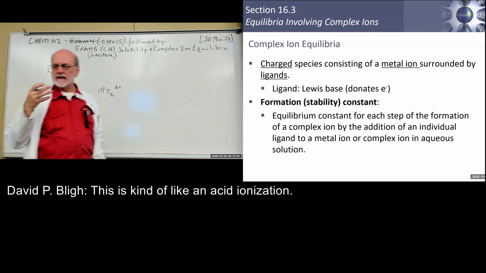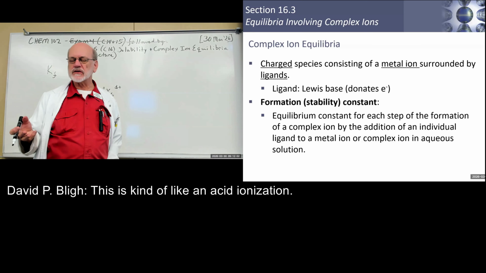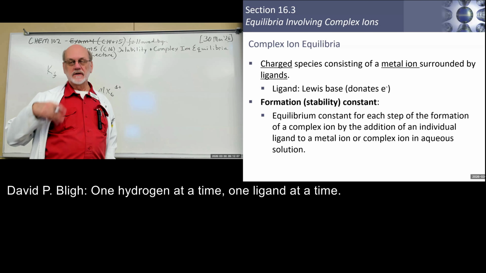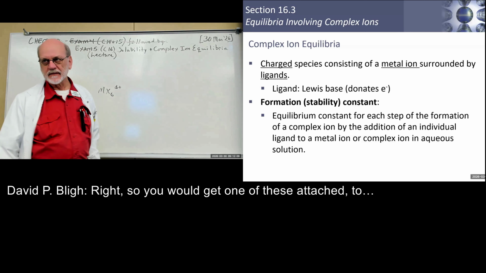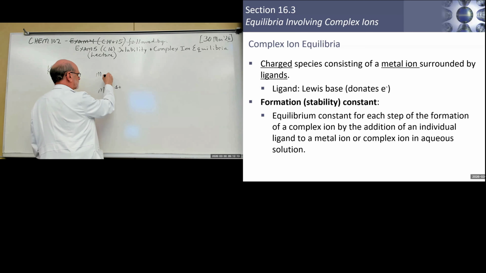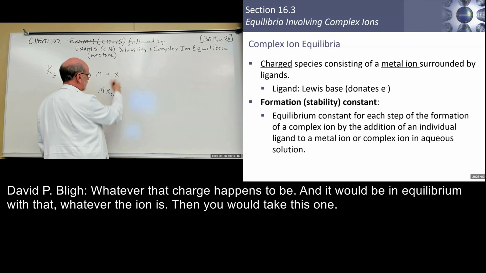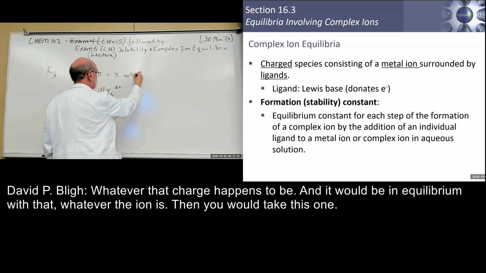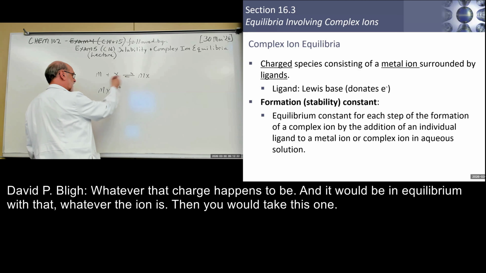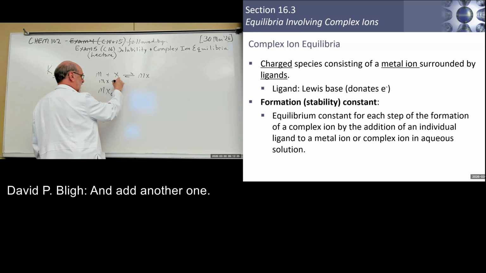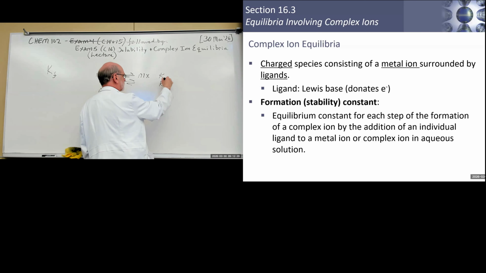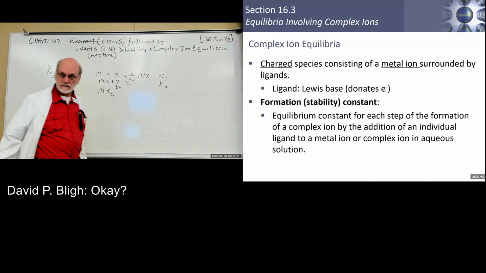This is kind of like an acid ionization procedure. 1 hydrogen at a time, 1 ligand at a time. Right? So you would get one of these attached to whatever that charge happens to be, and it would be in equilibrium with whatever the ion is. Then you would take this one and add another one. And each one of these would have a K. Okay.